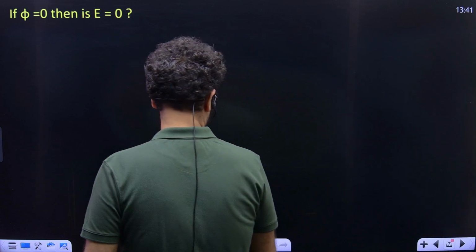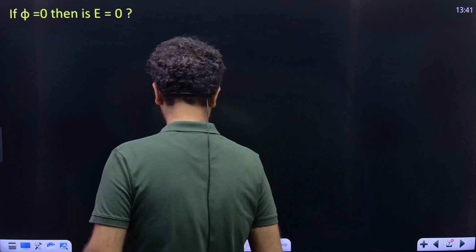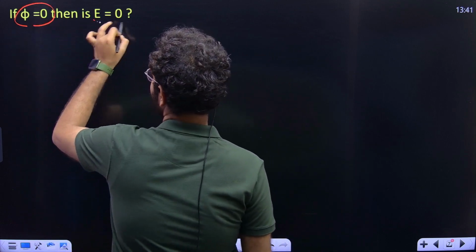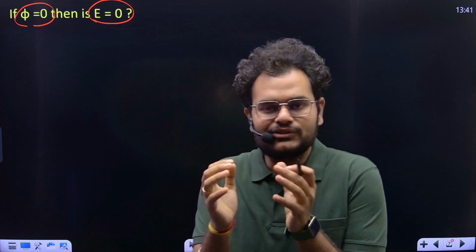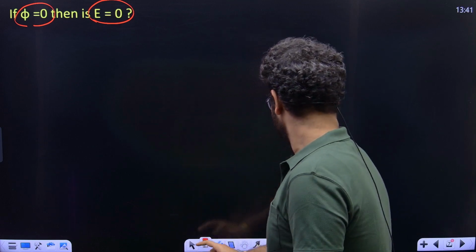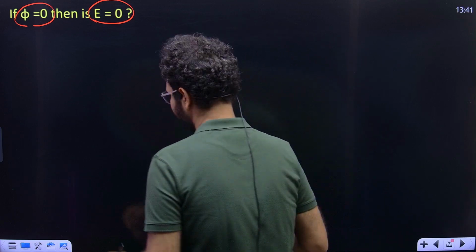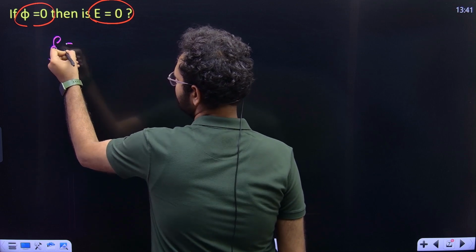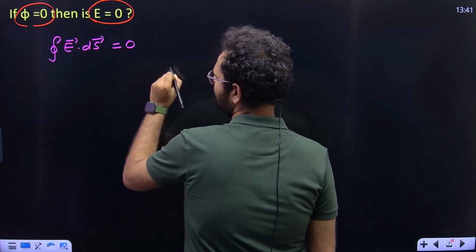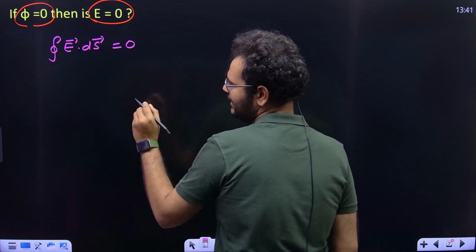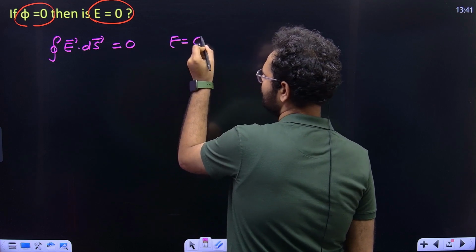Next, my question to you is, can I say that if my flux is 0, then the electric field is 0? Think. What is the formula of flux? Flux is the integral of E dot ds. So if this is 0, can I say that E is also equal to 0?